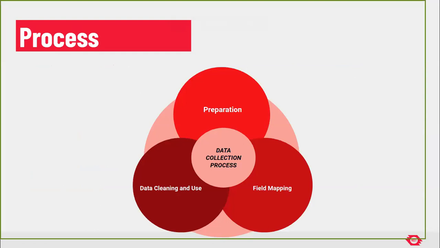So the data collection process, in our experience as the Humanitarian OpenStreetMap Team and several other agencies and organizations that do collect data, we agree that the 3 phases of your data collection process are really key in helping you achieve the goals of your data collection exercise.